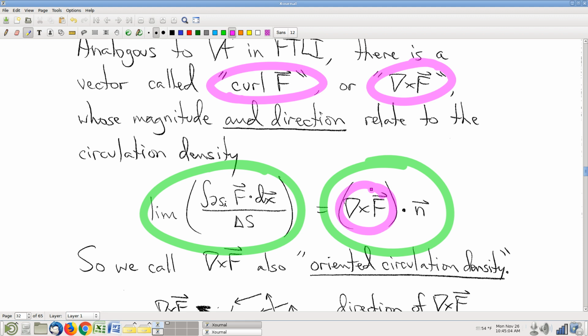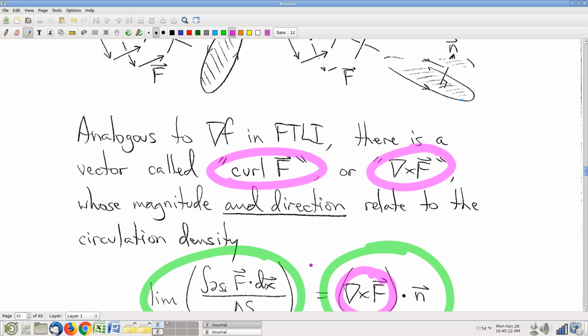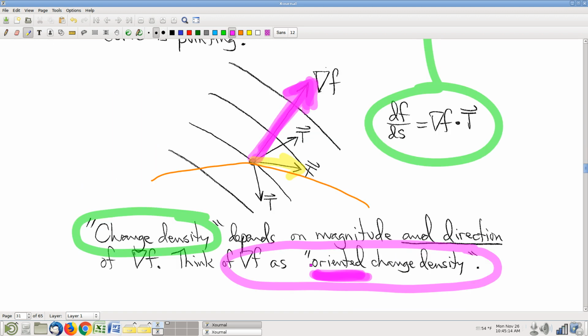So circulation density comes from curl. Curl is your oriented circulation density, in the same way that gradient is your oriented change density. It's telling you more than just how much change per unit distance is happening. It's telling you the direction that it's actually happening in for your own comparison purposes.